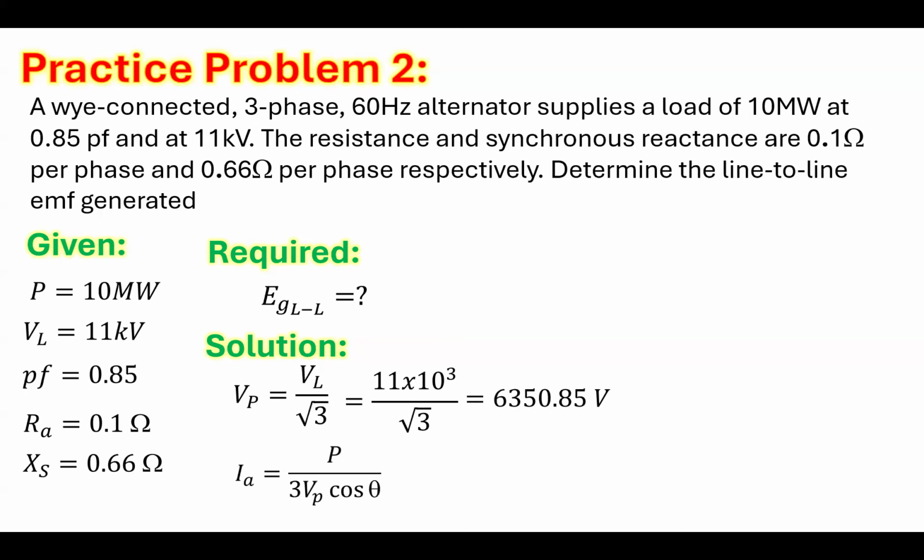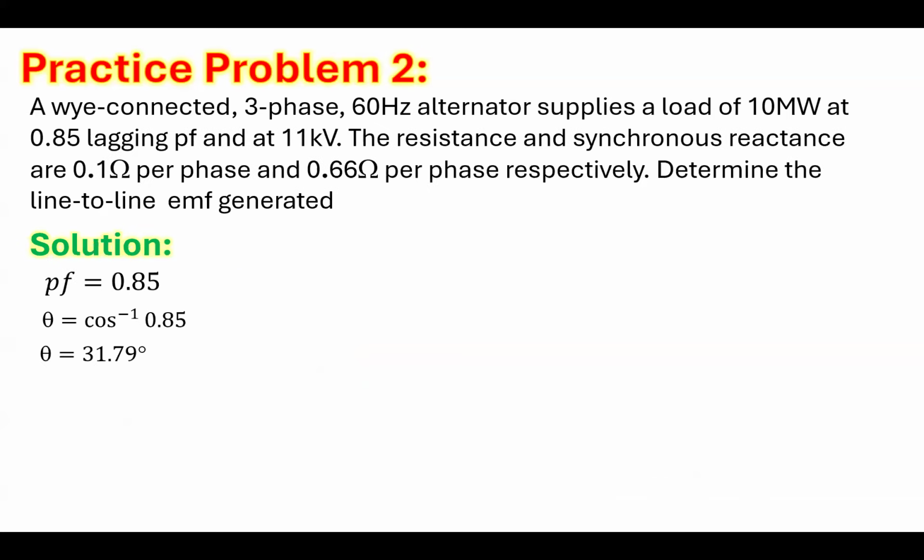For the armature current, that is equal to power all over 3 multiplied by phase voltage multiplied by cosine theta. So substitute all the values, the armature current will be 617.49 amperes.